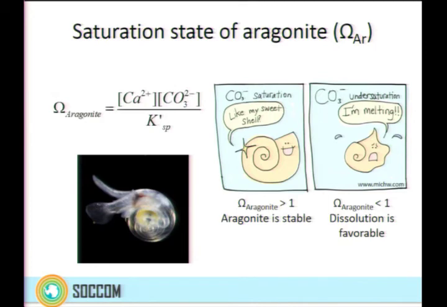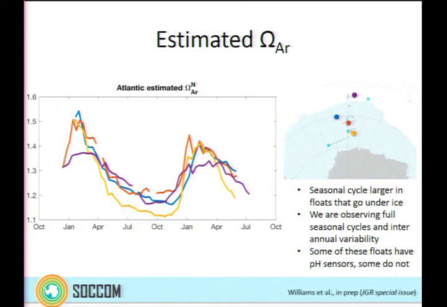And a little bit of a change of gears. We're going to use the pH to calculate the saturation state of aragonite, and that is important for shell-forming organisms. So if omega is greater than 1, then the calcium carbonate is stable, and if omega is less than 1, then dissolution is favorable. So just some preliminary results here. This is omega at the surface.